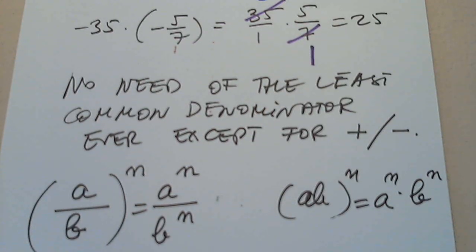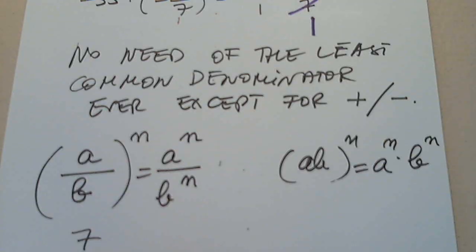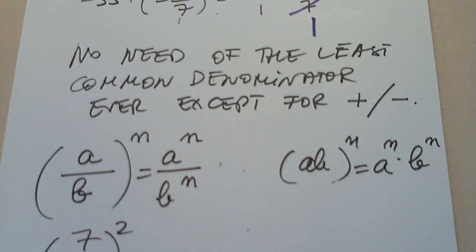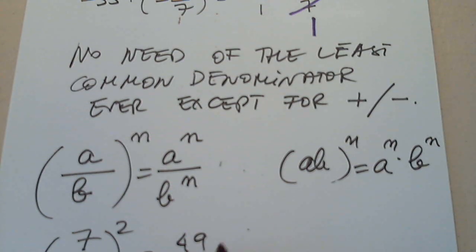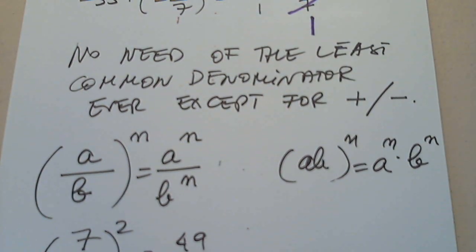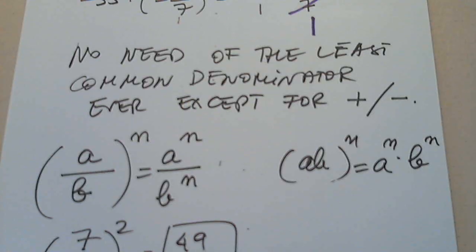So in this example, it's 7 over 8 squared. You could say 7 over 8 times 7 over 8, but we have this rule, which is much easier. 7 squared is 49. 8 squared is 64. I applied this rule, which is the same as the rule that we discussed last time. Good.